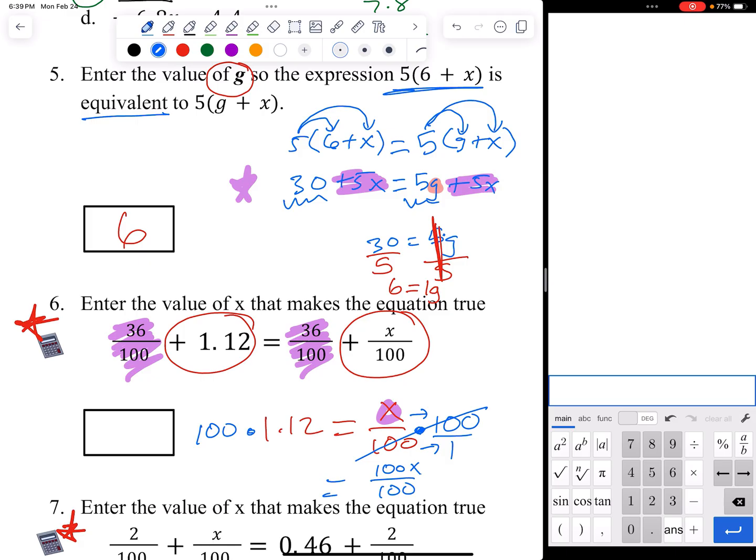It becomes 100 over 100, just like 5 over 5, which gives me how much? 1. That gives me 1x. So on the other side, what do I put? Well, I had 1.12 times 100. So what was my answer? 112. Interesting. Do you see it right here?